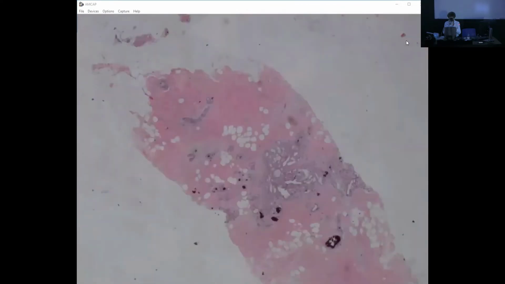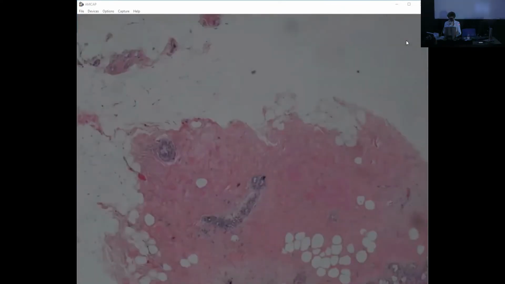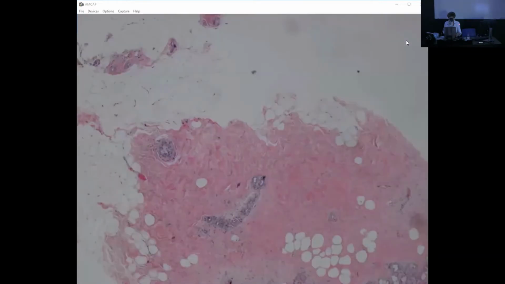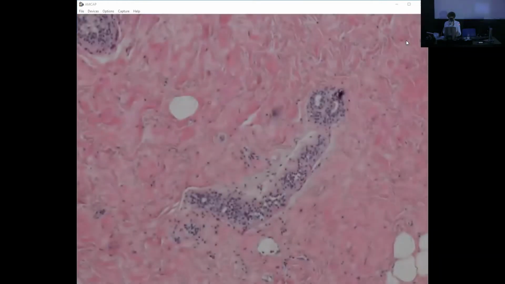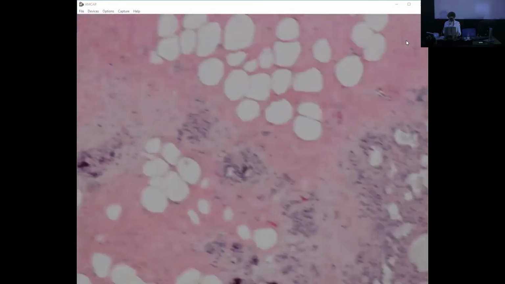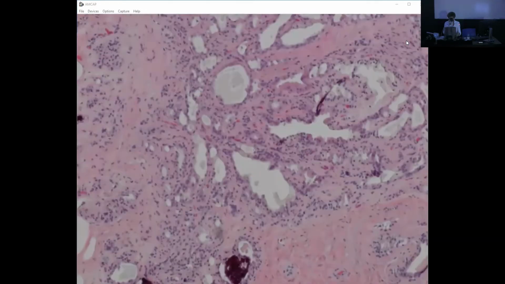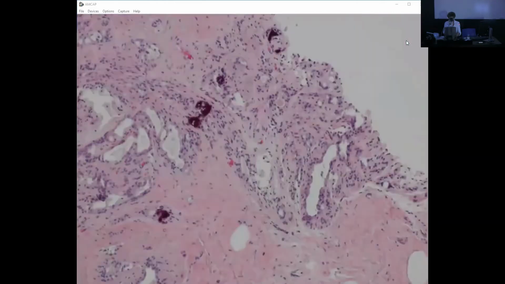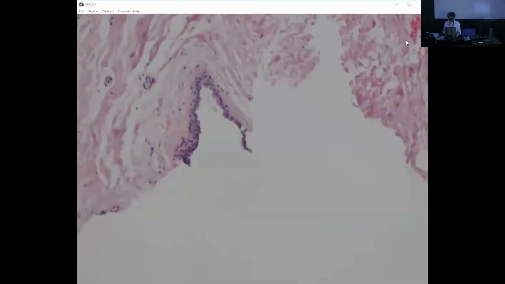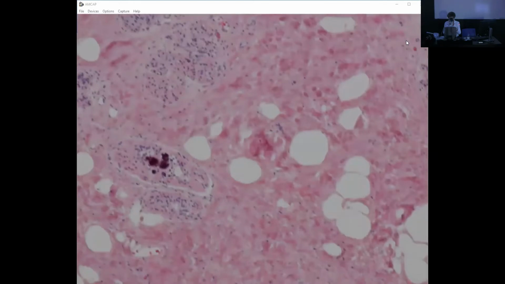There isn't much. Usually it's quite inconspicuous. The lobular neoplasia can be very inconspicuous, but here we find benign appearing epithelium, here calcifications, more calcs.